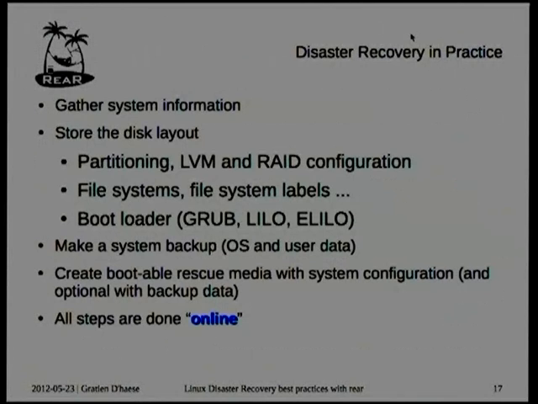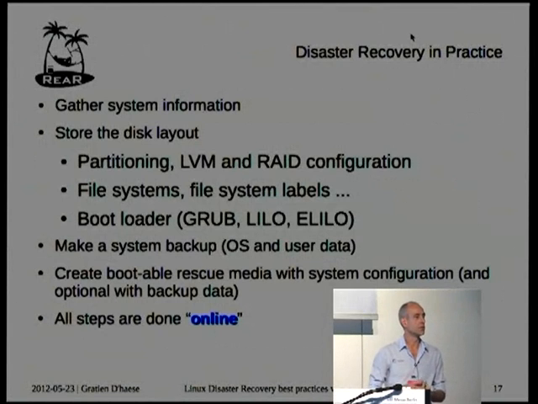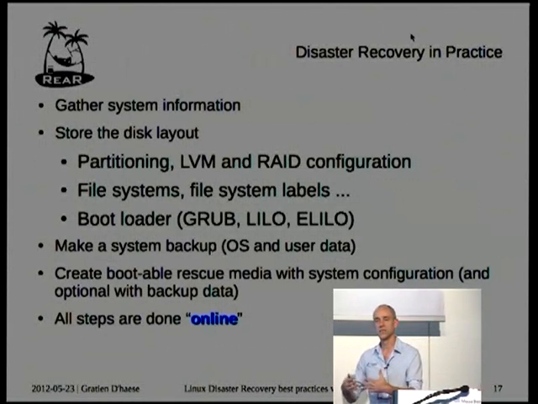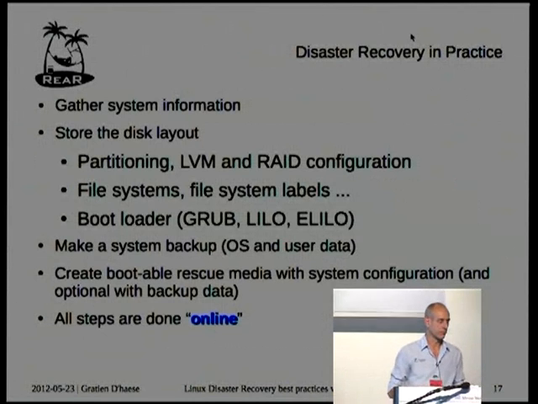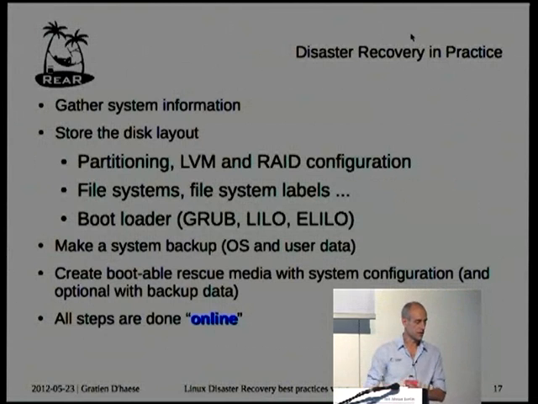Okay, disaster recovery process in practice, how does it work? In rear, it's just using a procedure. In fact, we first gather the information of the system, and we write it somewhere on a safe place. Also the disk layout and all the different file system types are stored in a file. The bootloader is all kept aside.